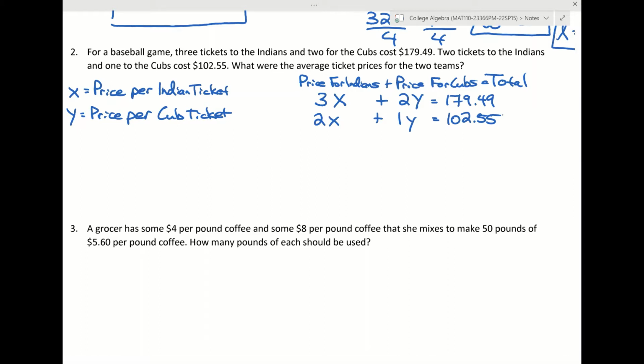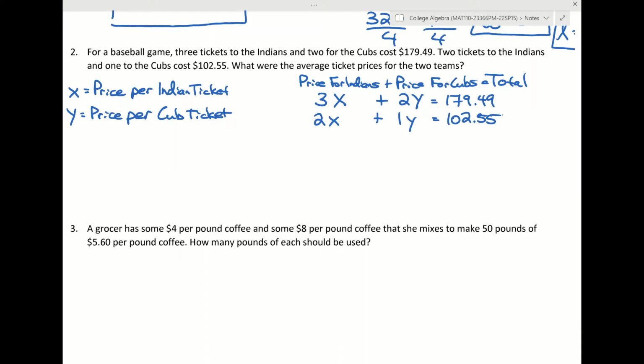We saw how to solve something like this last week when we had a system of equations. Remember last week we talked about elimination and substitution. We could either eliminate for X or Y. Does anyone have a preference?